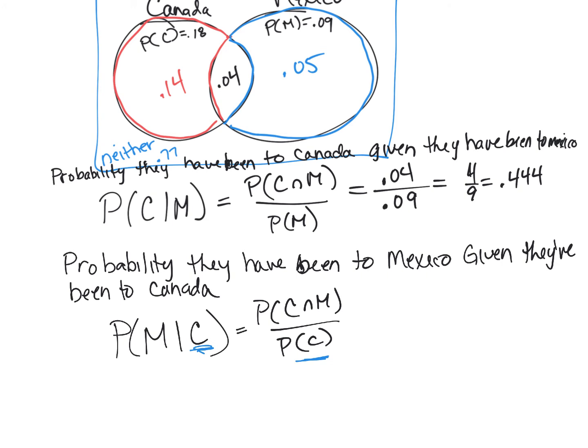So out of that 18%, what's the probability that they've been to Mexico? So that's your 0.04 given your 0.18. Because only 4%, right, have been to both. I need a calculator for. Well, no, I don't. That's 2/9, just 0.222.